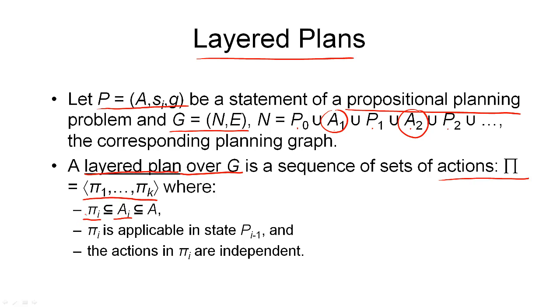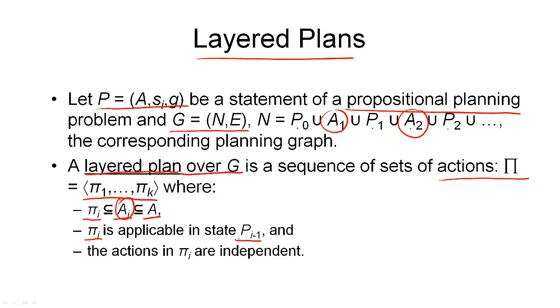So pi i must be a subset of the actions in that action layer, which are of course a subset of all the actions that are available. Then this set pi i must also be applicable in the state represented by P i minus 1. That is the proposition layer preceding the action layer we're just looking at. Note that this is not necessarily a consistent state.